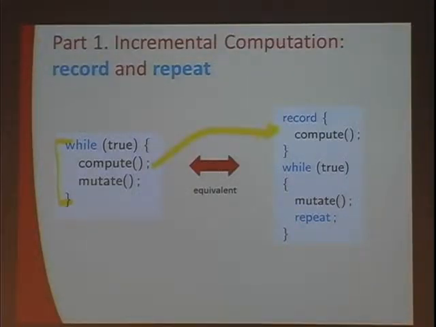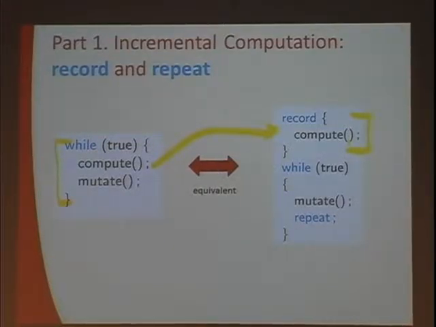We peel out the compute phase, and we have this record operation, which essentially says, please remember this computation for me because I'm going to repeat it over and over again. So it's a very high-level declaration. It's saying this is interesting to me. Please record it and remember it for future use.